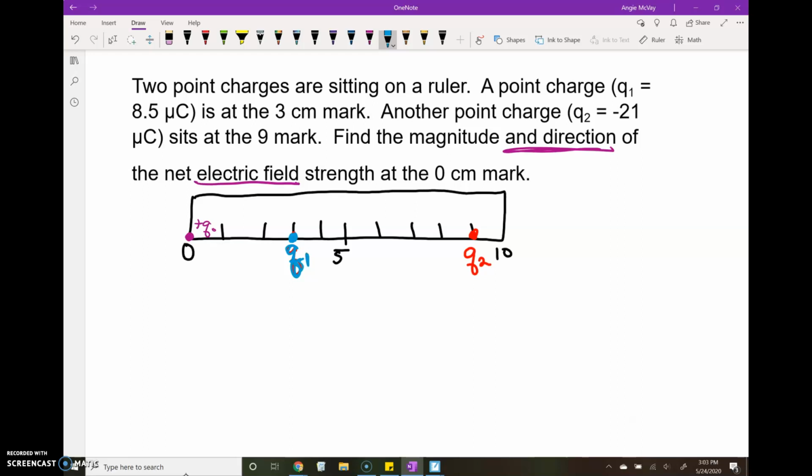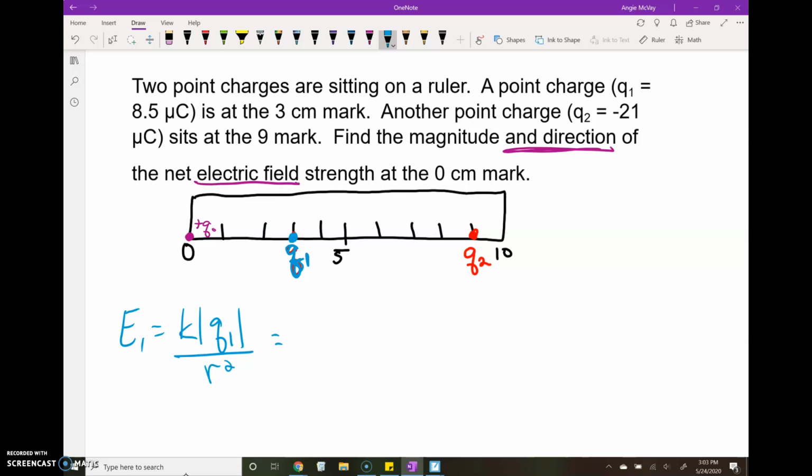All right, so the electric field strength due to Q1, we could calculate it. Electric field strength due to Q1 would be equal to K times Q1 over R squared.